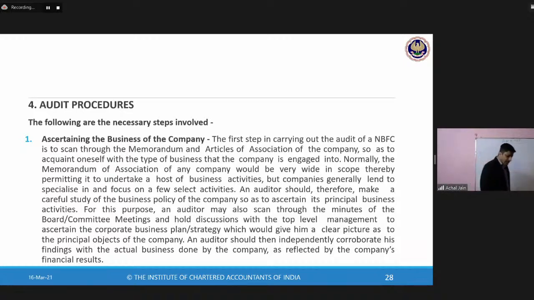Please understand that it's all about monies which are involved in the business, and it's one of the areas which is significantly susceptible to fraud, because of the involvement of money at such a huge level. And that's why some of the areas which can be looked at from the perspective of fraud risk factors will have to be carefully evaluated by the auditor.